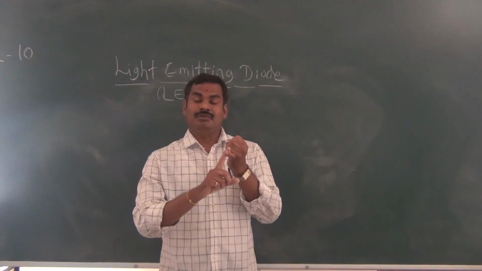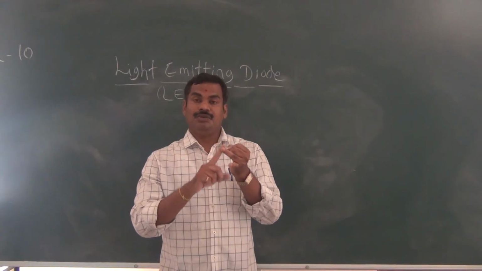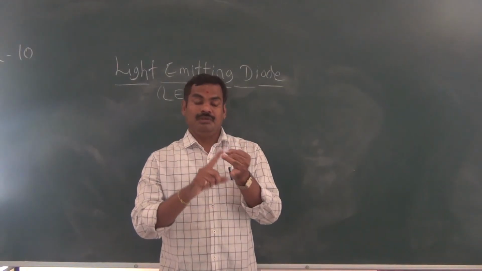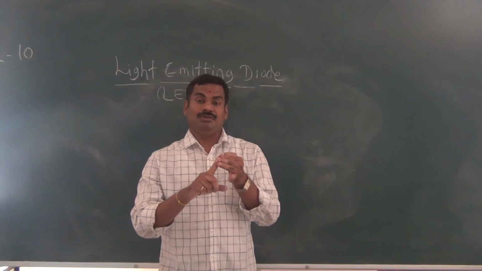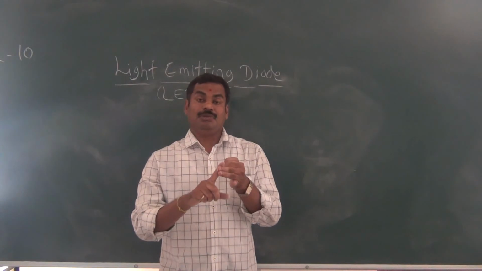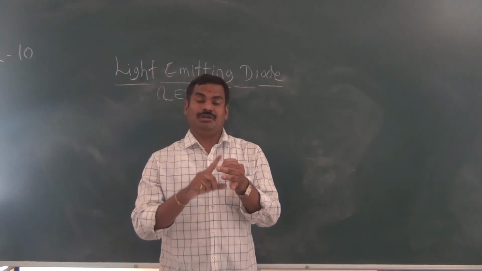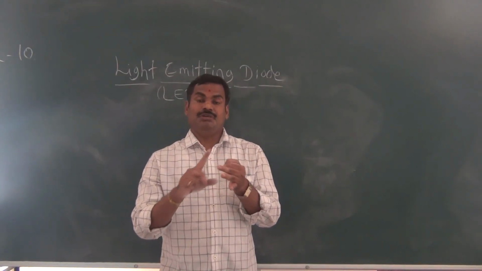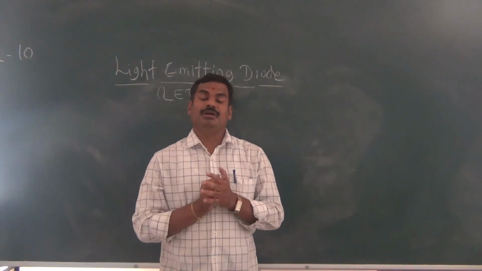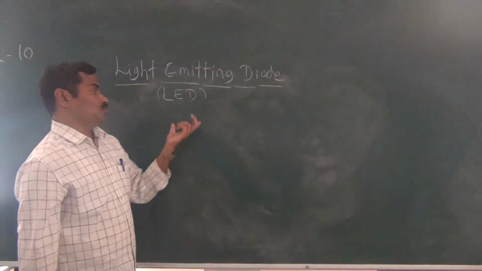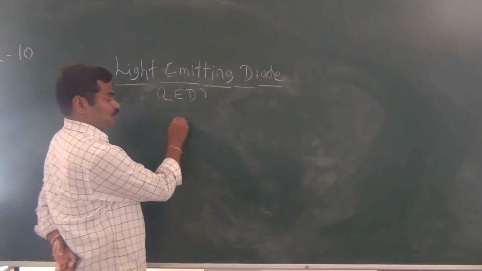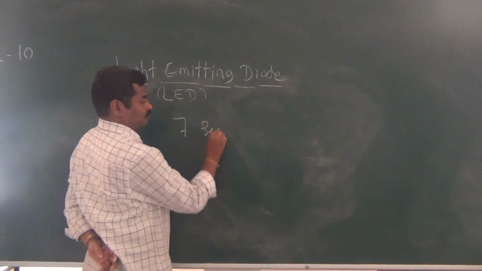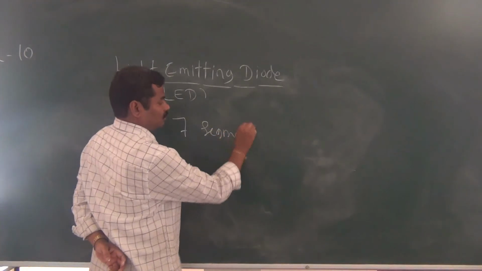They are used in burglar alarms and in remote controls for the TV. They are also used as screens for TVs, mobiles, laptops and computers. LED screens have nowadays become LED TVs. It is also used for the 7-segment display and the 16-segment display.